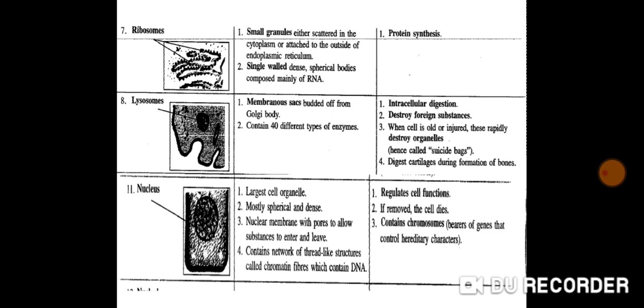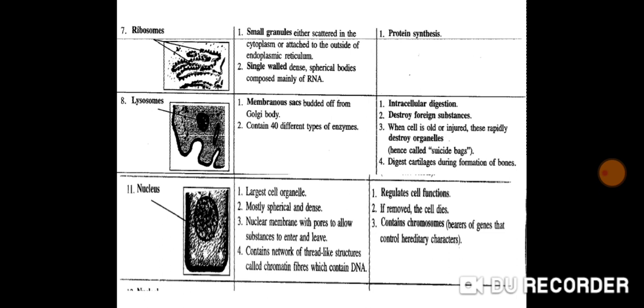So it helps in intracellular digestion. Lysosomes help in destroying foreign substances. When a cell is old and injured, these rapidly destroy these organelles, and hence they are also called the suicide bags. They also digest cartilages during the formation of bones.